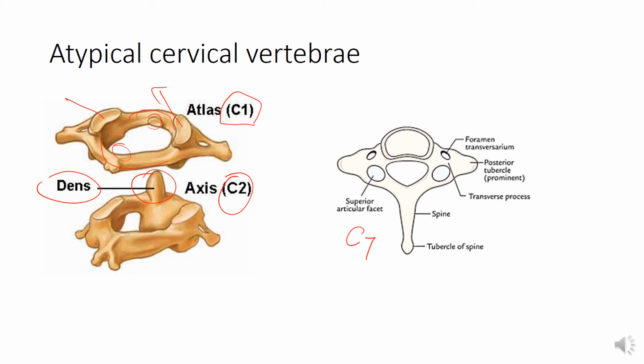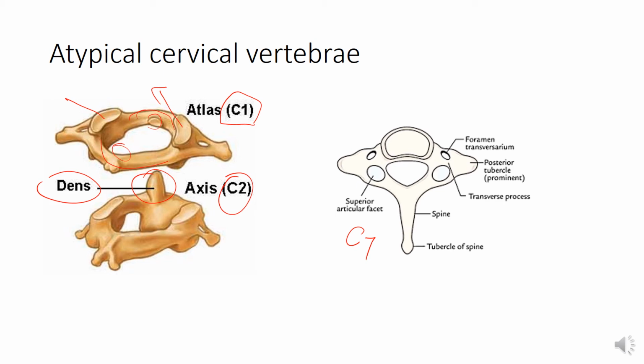The head pivots, turns from side to side on this joint. This is the movement of saying no. When the head turns from side to side, this is occurring at the atlantoaxial joint.